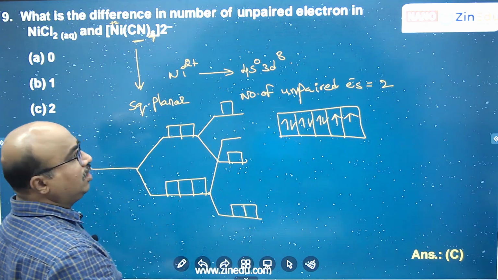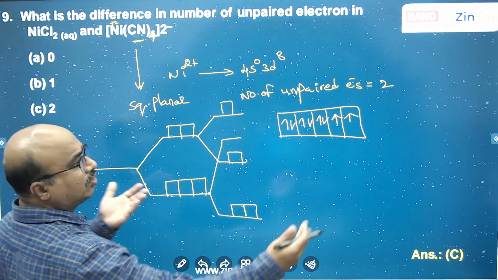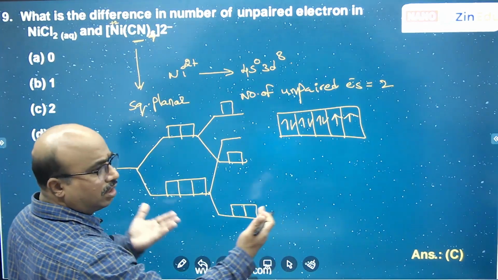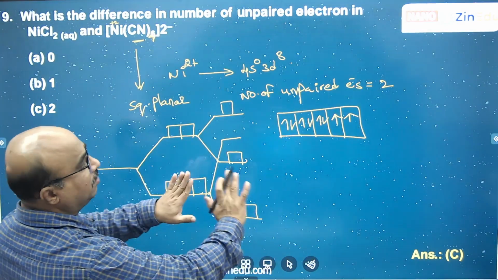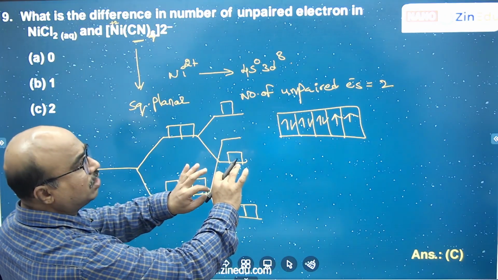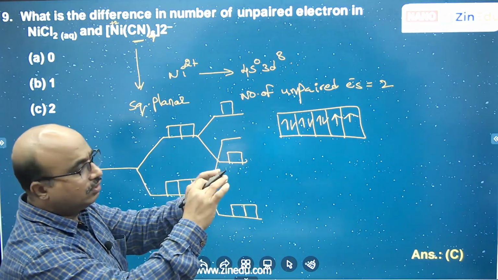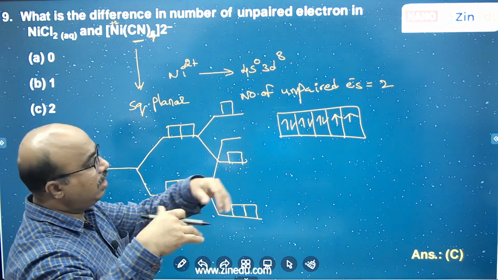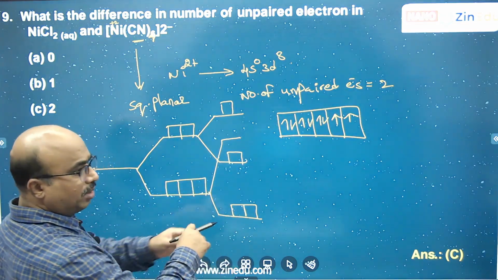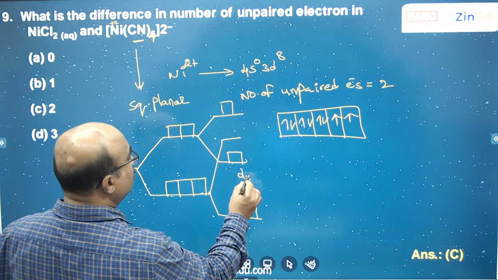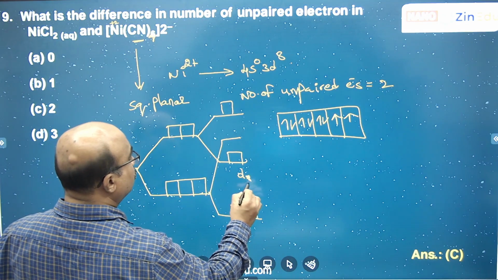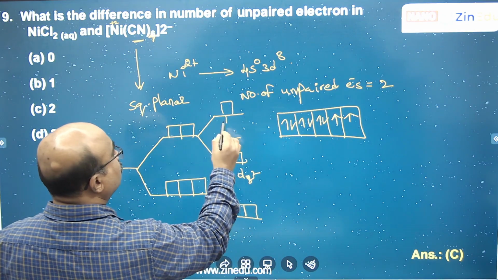So only we are saying in the square planar complexes ligands are coming along, let us say hypothetical assumption, they are coming in the xy plane. So the ligands which are there in octahedral complexes along the z axis were already removed, are not coming along the z axis. So dz square exists here, clear? Dz square exists here, and here it is dx square minus y square.